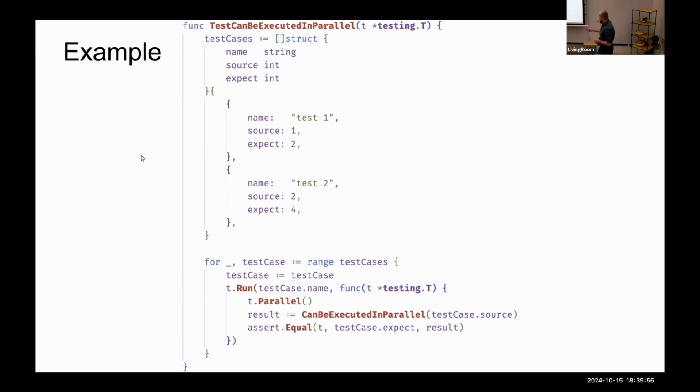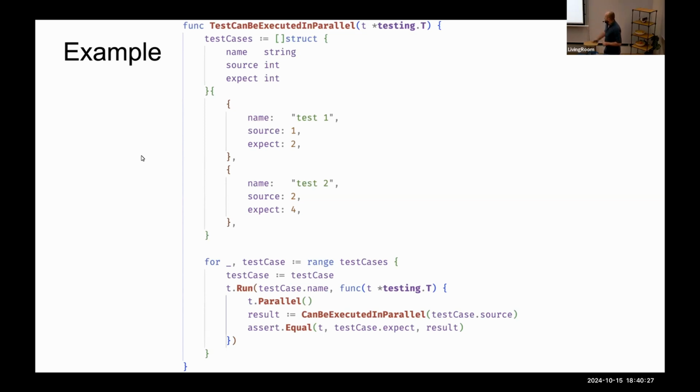Let's say we have this function that can be executed in parallel, so we can encapsulate it in some execution that can or cannot be parallelized. I'm pretty sure this is not needed anymore since 1.22, but it's here because I'm used to it. But this fragment tells Go that this specific test case can be run in parallel.